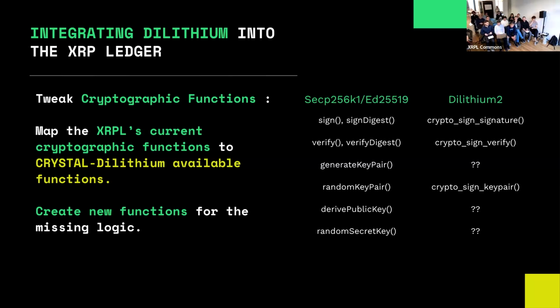The biggest problem we faced for the code base was one of the functions, as you can see on the screen, called derive public key. It was used to reconstruct the public key from the secret key itself. Since this is not so straightforward in dilithium, we had to create a new function which would offer the same functionality as derive public key.